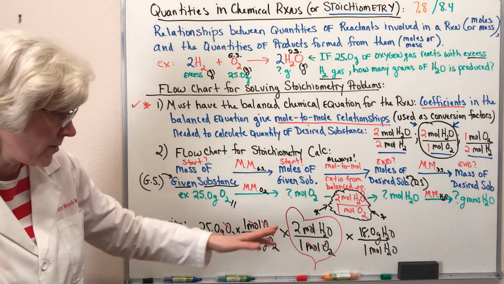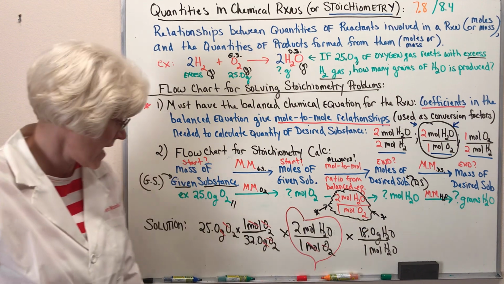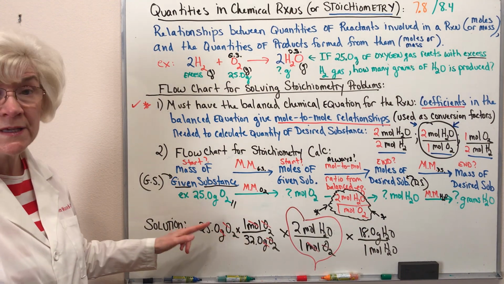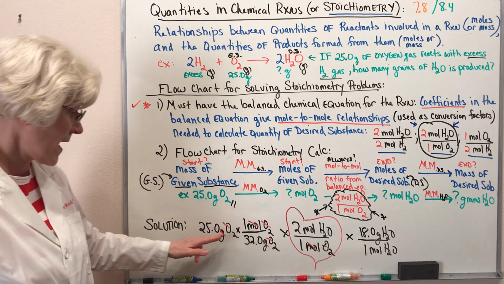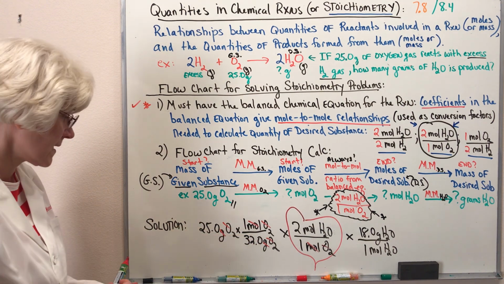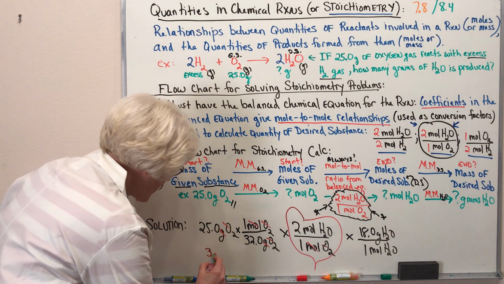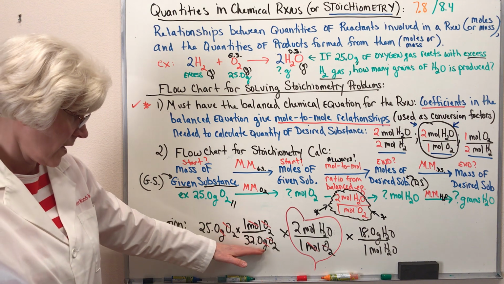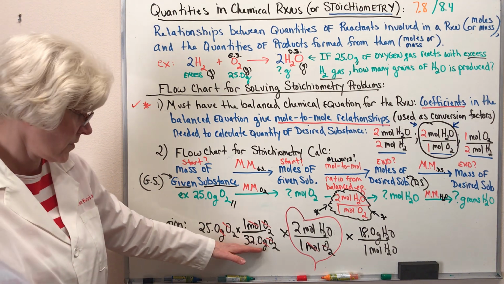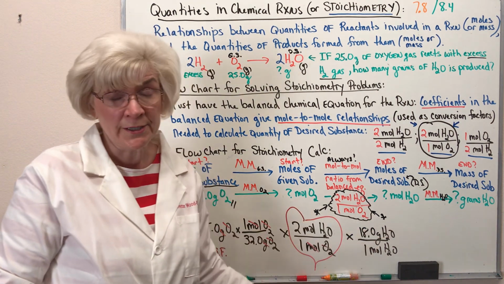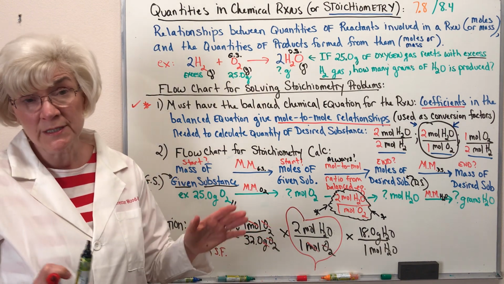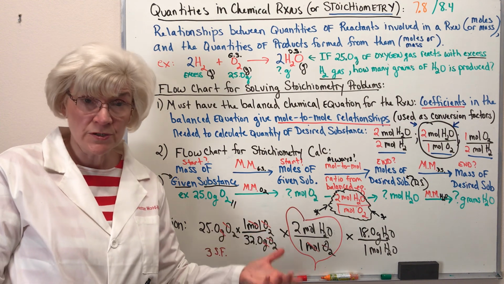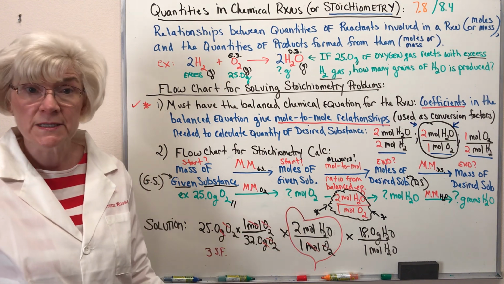A question here about sig figs and molar masses. You need to use at least as many significant figures in your molar mass as in the data provided. So I see here that our initial data has 3 sig figs. So I'm going to use 3 sig figs for the molar masses of oxygen and water. In fact, I never use less than 3 sig figs in any calculation, even if the initial data does have less than 3 sig figs.